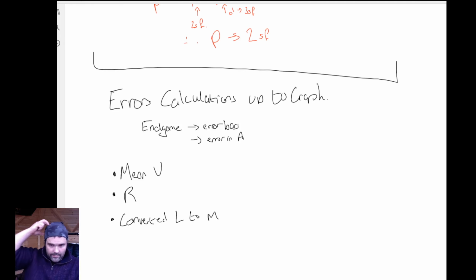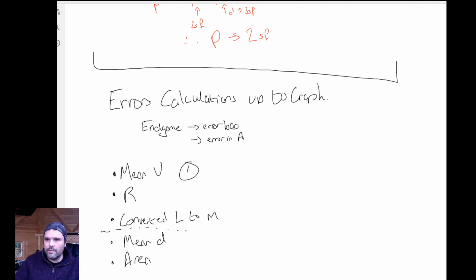That's not a massive calculation, but we do need to think about what that means for the errors. But that's really just a unit conversion. That is easy. You've done mean diameter, and you have calculated area. Okay, so the first and third are going to lead to error bars, and the second is sort of separate. You're just going to need that after you've plotted the graph. So again, I'm just going to split these off into little notes at the side.